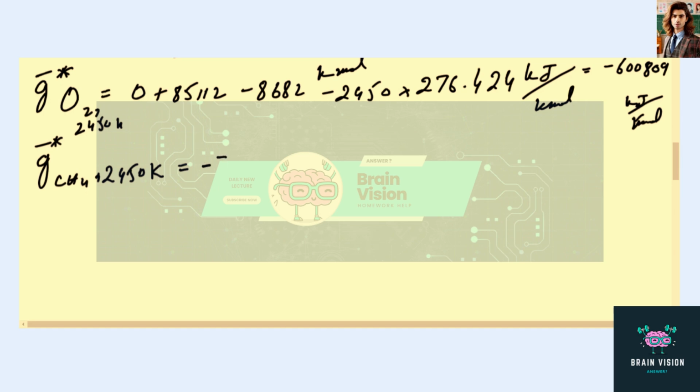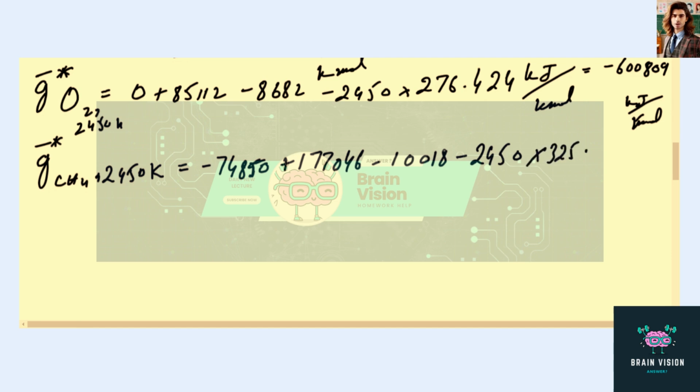Now minus 74,850 plus 177,046 minus 100,118 minus 2450 multiplied by 325.248 is equal to minus 704,679 kilojoules per kilomole.